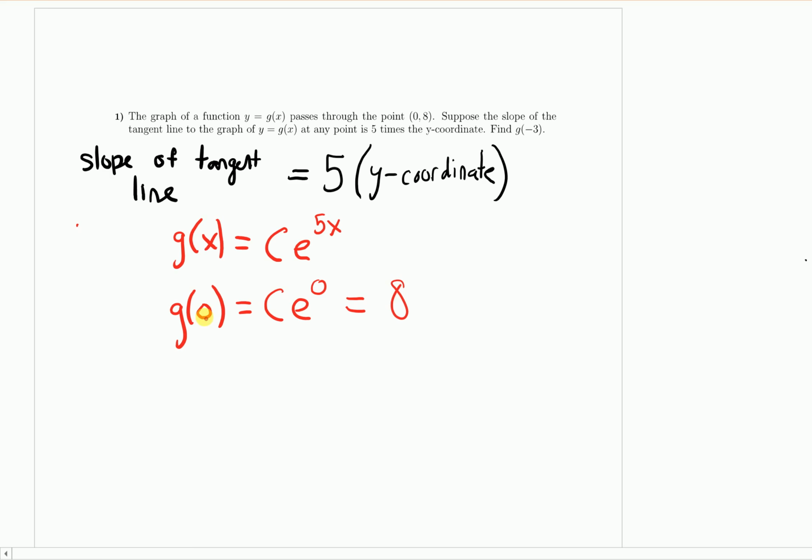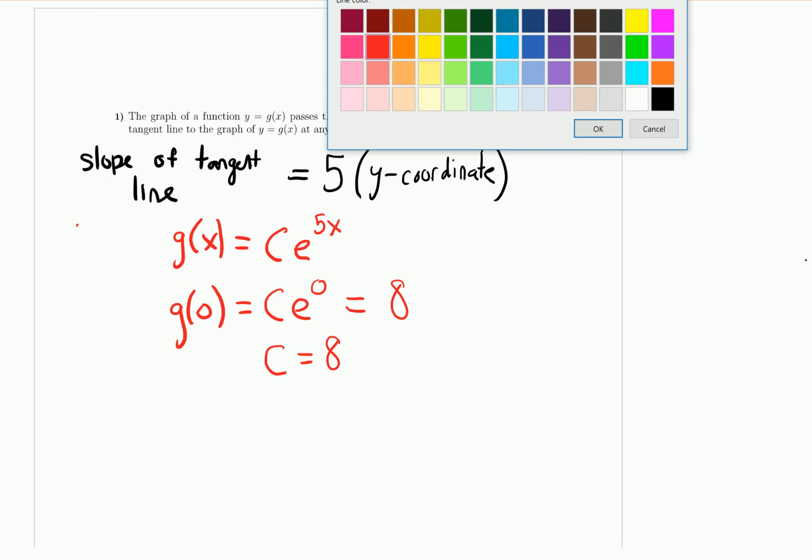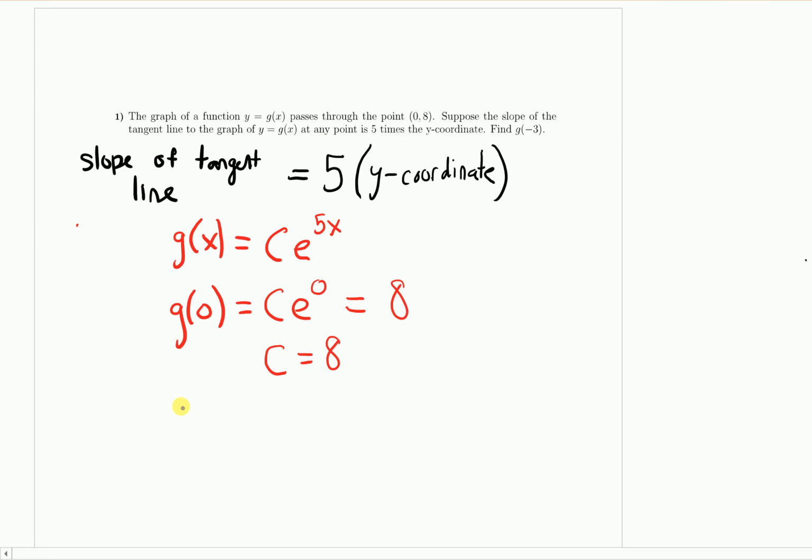So when I plug in 0 to my function, I'm supposed to get 8 out. Now simplifying, e to the 0 is 1. So this is just c, and I get c equals 8. Okay, so now I know what c is. Now that we know what c is, we can plug that back in. So we get g of x equals 8 times e to the 5x.